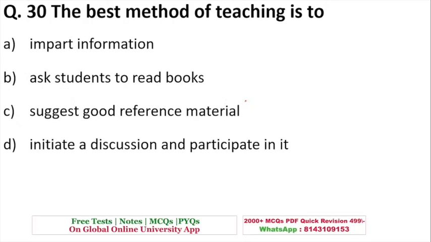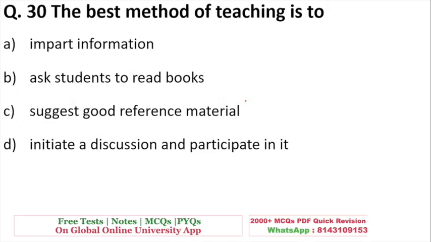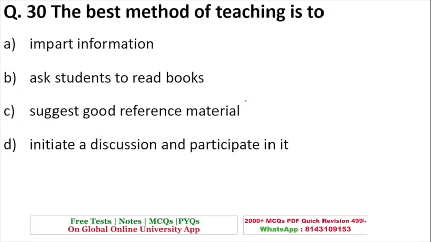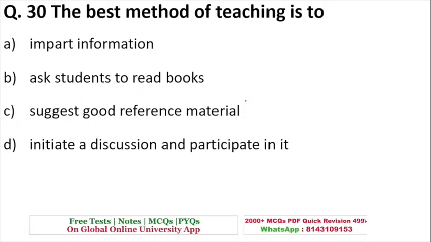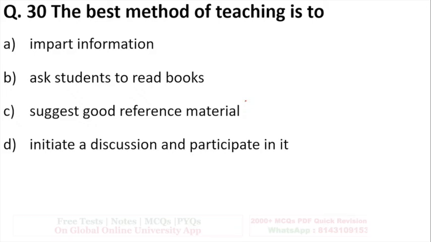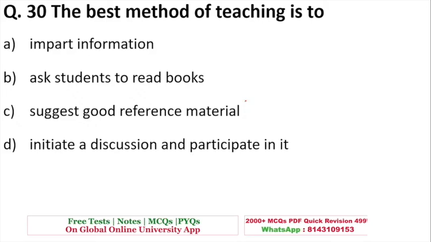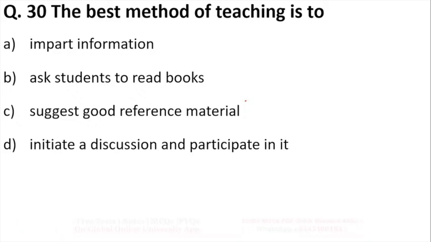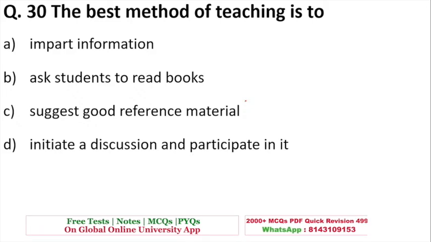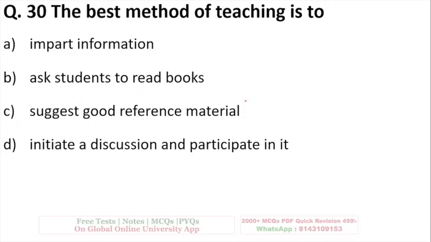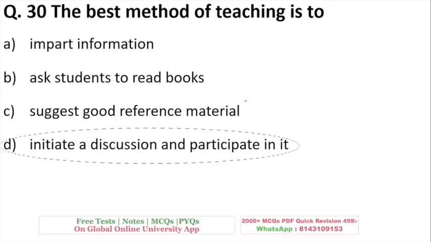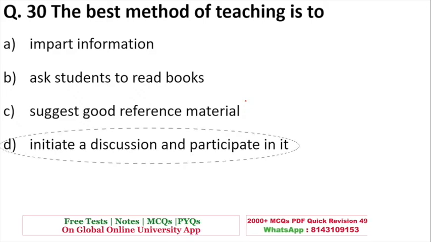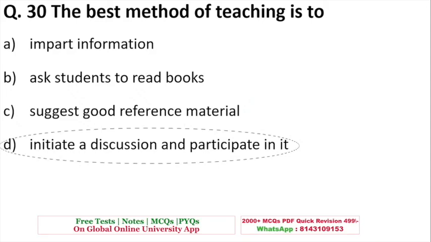The best method of teaching is to impart information, ask questions, ask students to read books, suggest a good reference material, or initiate a discussion and participate in it. The best method of teaching is to initiate a discussion and participate in it. D is the right answer.